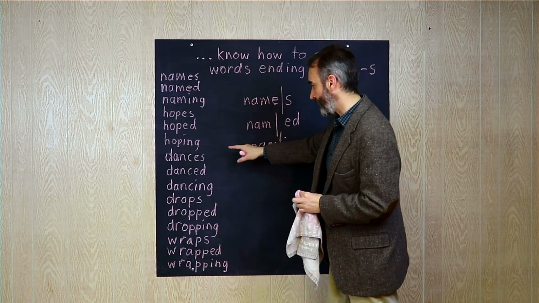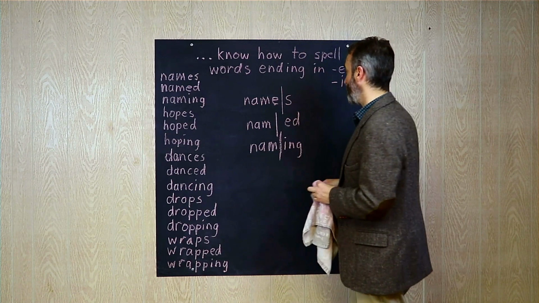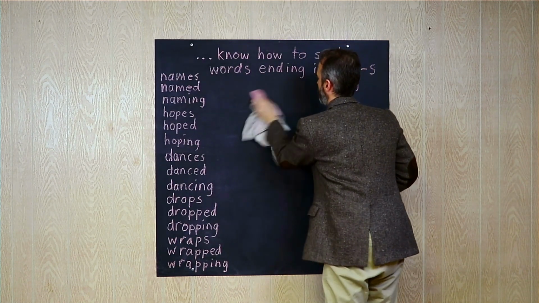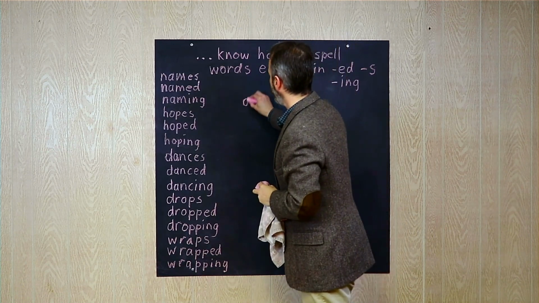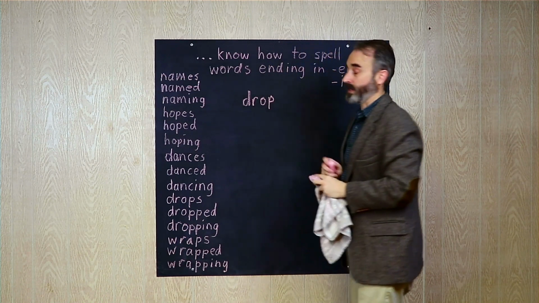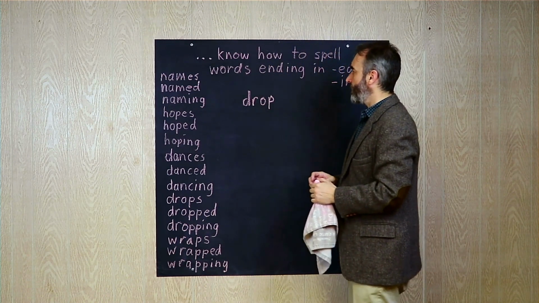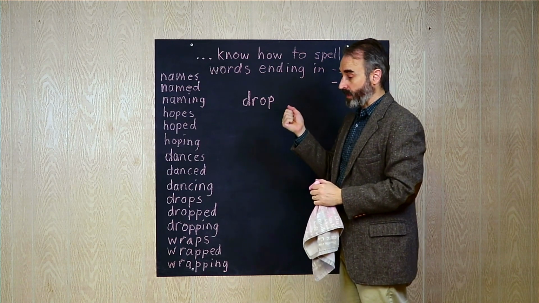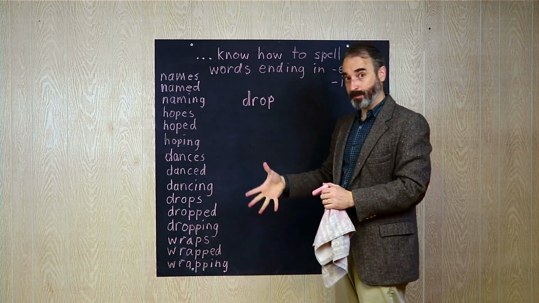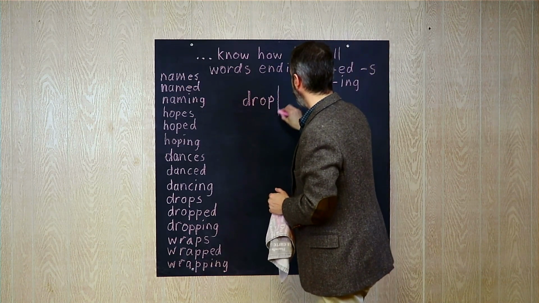But what happens if you have a consonant at the end? Let's see, drop. So the original word is drop. No vowel at the end. P is a consonant. So if Bob drops the ball, drops is the action, we just add an S at the end.